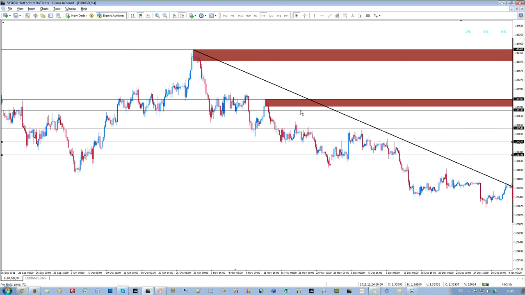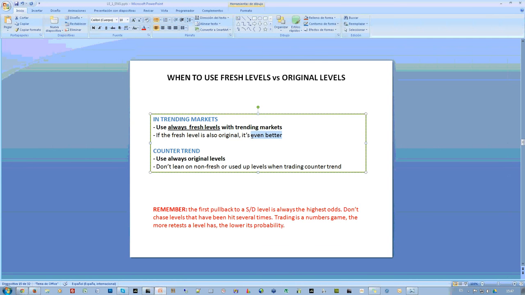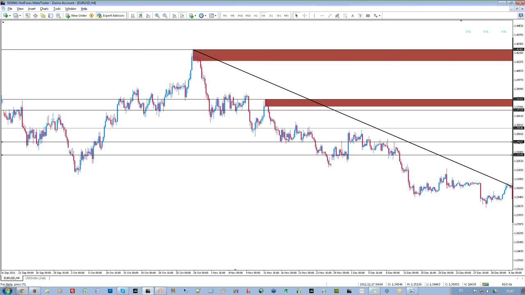So when we are in a downtrend, we are allowed to sell all valid supply areas if they are fresh. If they are non-fresh, we are not allowed, only fresh levels. And if they are original, okay, it's even better. But it is not necessary, it is not compulsory, okay? It is not mandatory. We just need a fresh level that has not been retested.